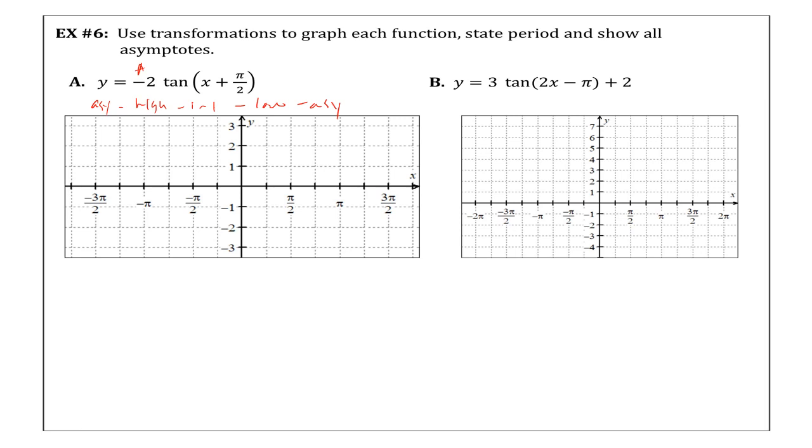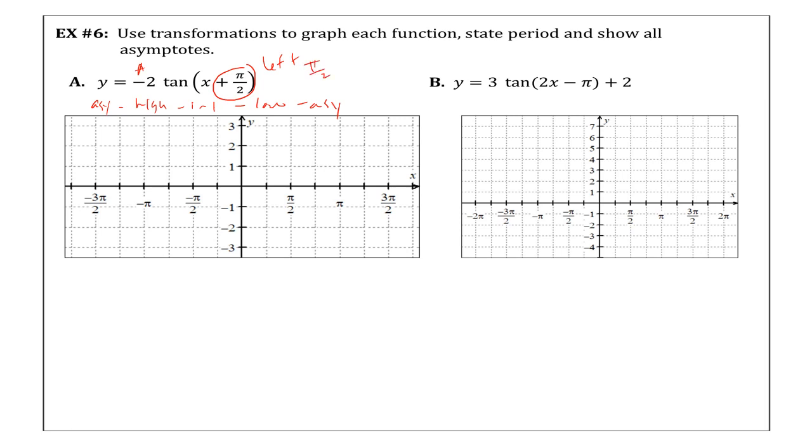So we'll have that. And then the 2 is telling us now our distance from our high to our intercept is going to be 2 away. And then x plus pi over 2. Remember, this is a liar. So this is not what's really happening.